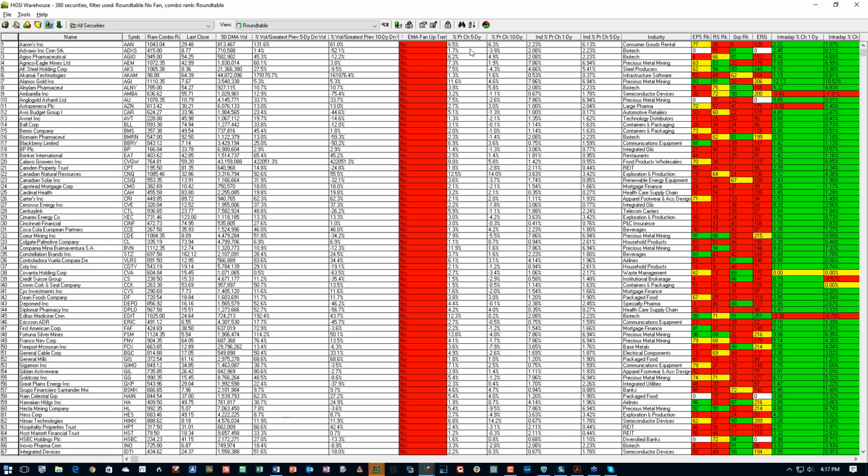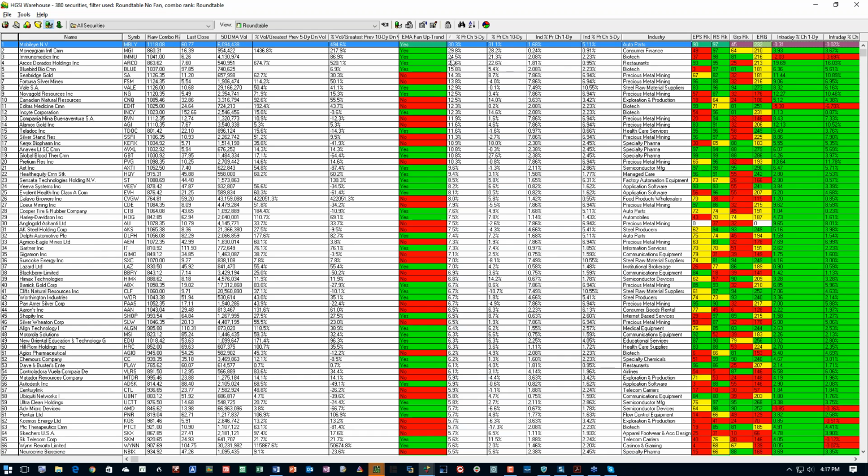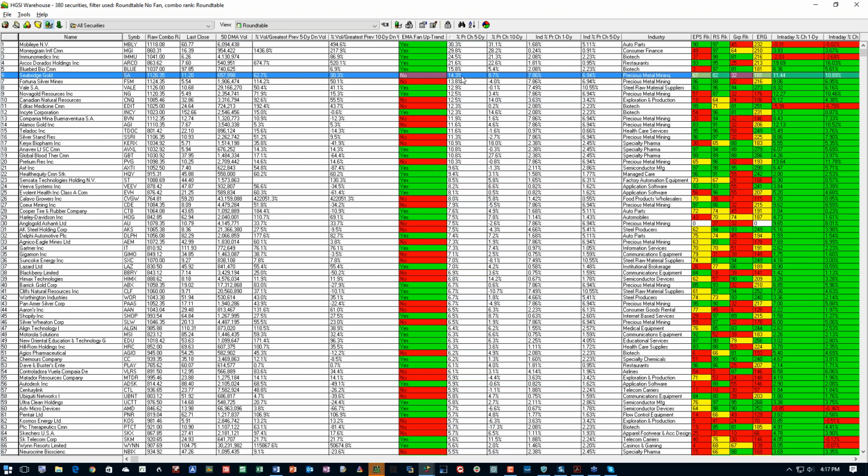So we're looking for stocks that are meeting these requirements without the fan formation. So let's just, I'm going to sort on the percentage price change 5 days and go down to the first one, Seabridge Gold, that does not have a fan formation.